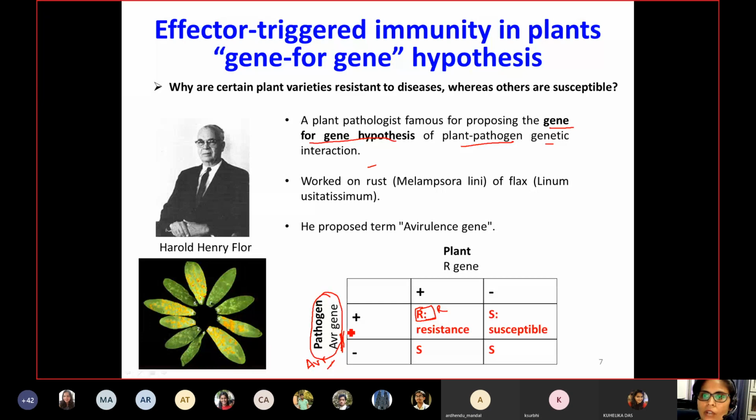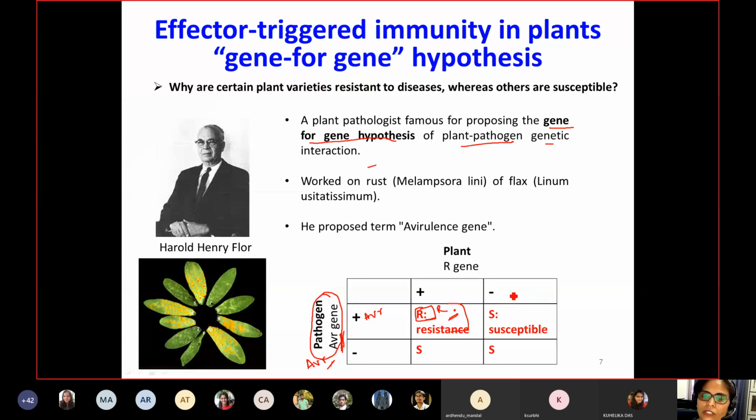And when you have both interactions happening, that means if you have the AVR gene present as well as the resistance gene from the plant, these two interact and you will not get any susceptibility in this plant. That means this plant is resistant.